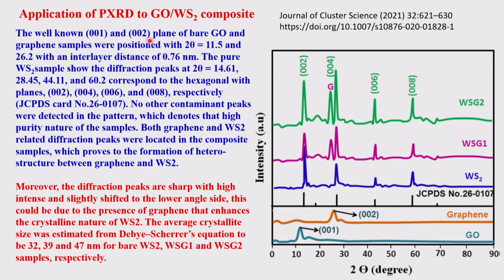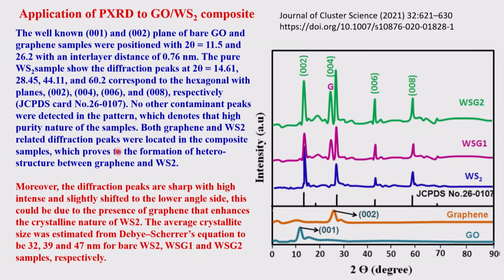The WS2 shows a diffraction pattern with mainly four major peaks: 002, 004, 006, 008. That shows that no other contaminant peaks were detected in the pattern.